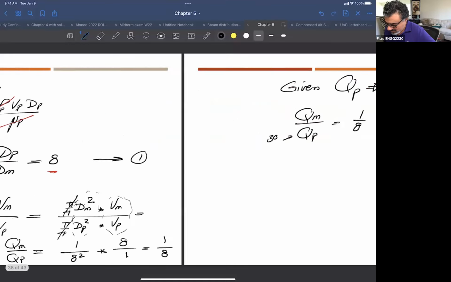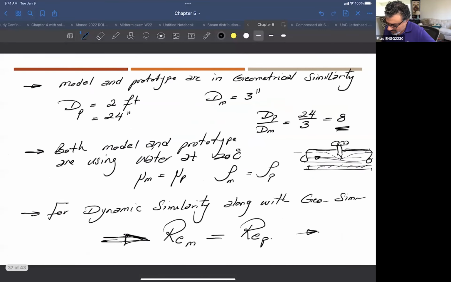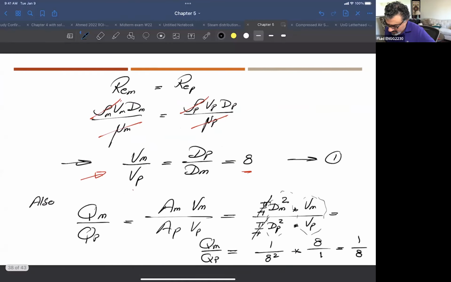For example, the function of V model over V prototype will be the scale, right?